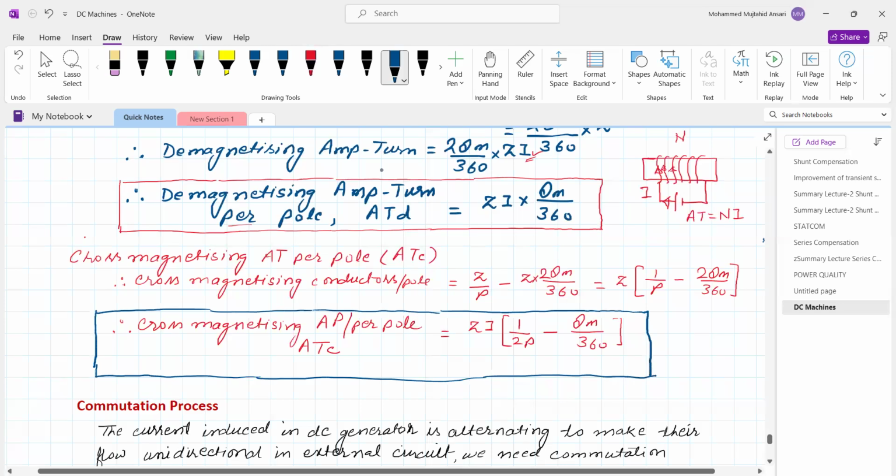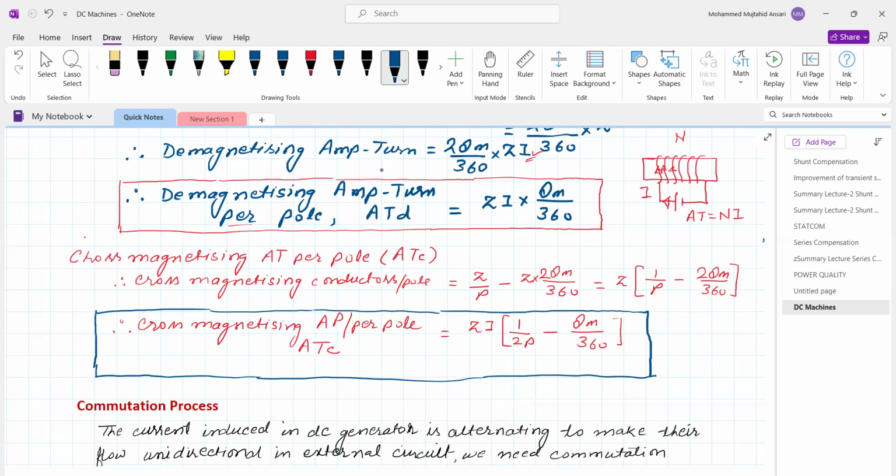So this is a very important one. In this way, if we are able to calculate how many turns are producing cross magnetizing and how many are producing demagnetizing, then if the same number of conductors or turns are added in the main field winding to produce the same amount of magnetic flux, the armature reaction fluxes get neutralized, or become equal and opposite.